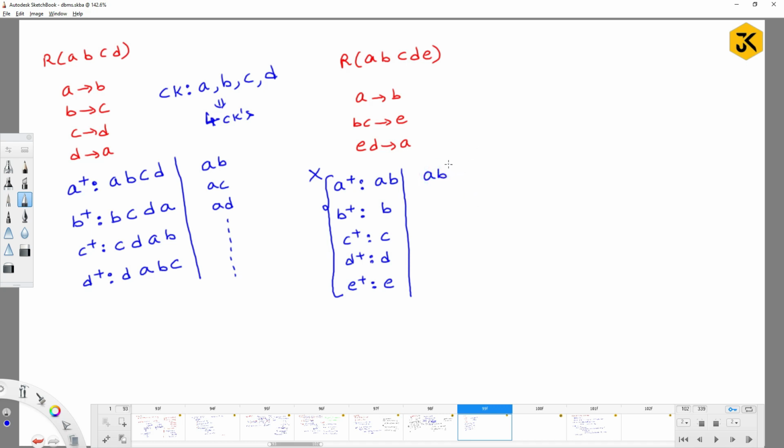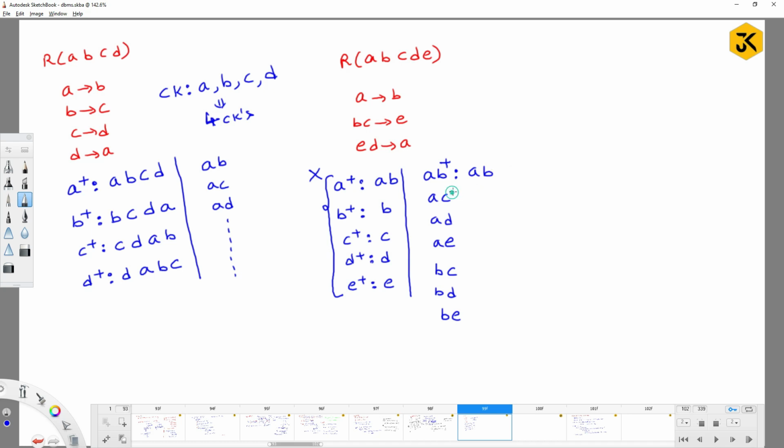If you go with 2 level, that is AB possible, AC, AD and AE. Similarly, BC, BD, BE. Right? Yes. So try to find out AB closure. AB closure is basically you are going to get AB and you are not going to get anything.